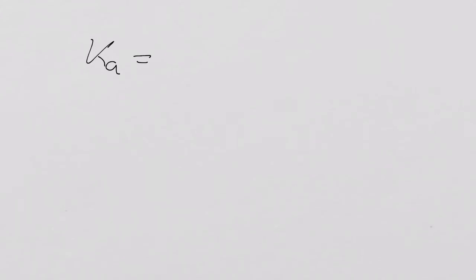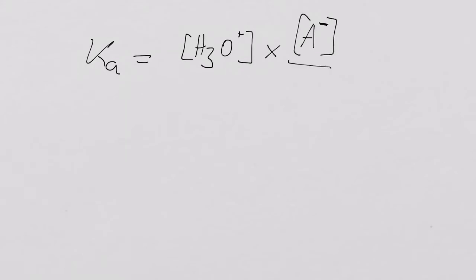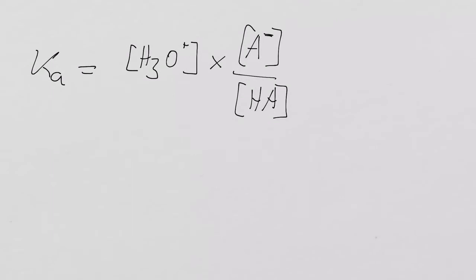Ka equals H3O plus times A minus over HA. I've just written it in a slightly different format. It means exactly the same. And now I do, again, one of these dirty tricks that I like. I take both sides, minus log.